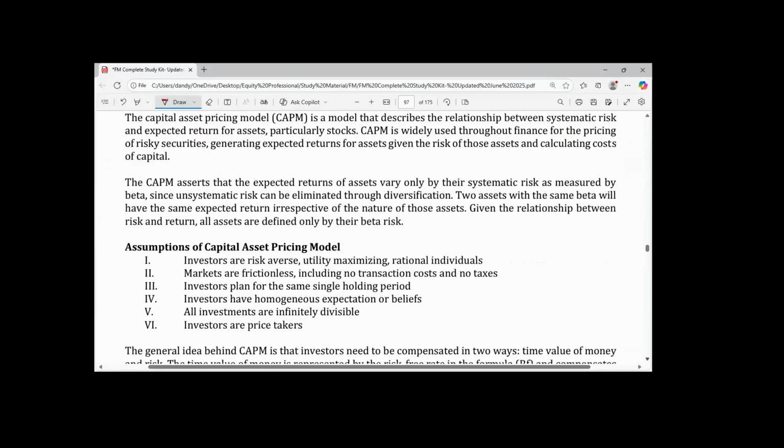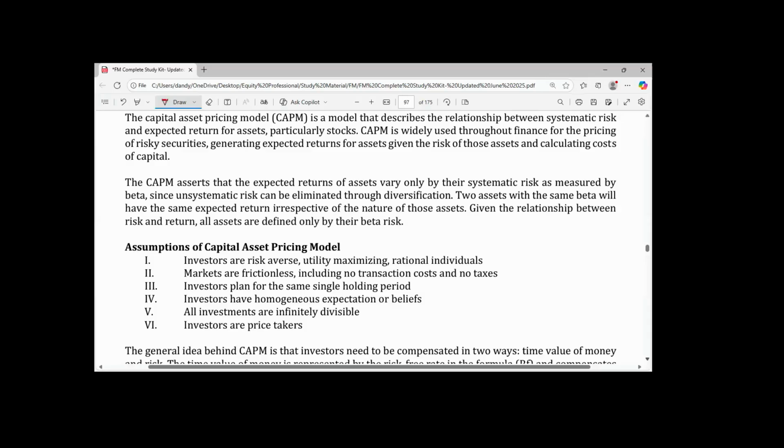Yes, what do you understand by capital asset pricing model? The capital asset pricing model is just a continuation of the portfolio theory. It is a model that is designed to establish the relationship between the systematic risk and the expected return of an asset, that is stocks.